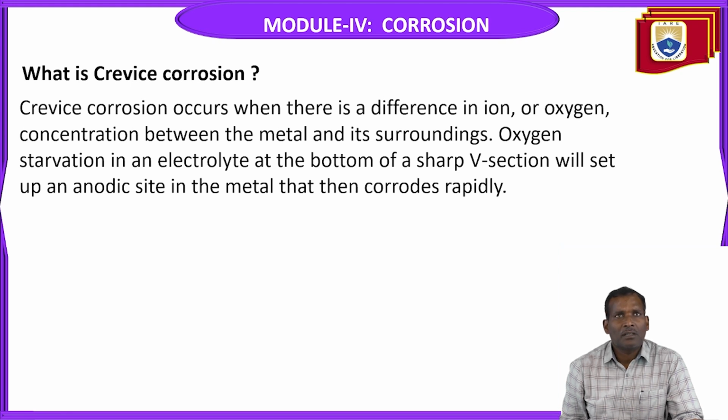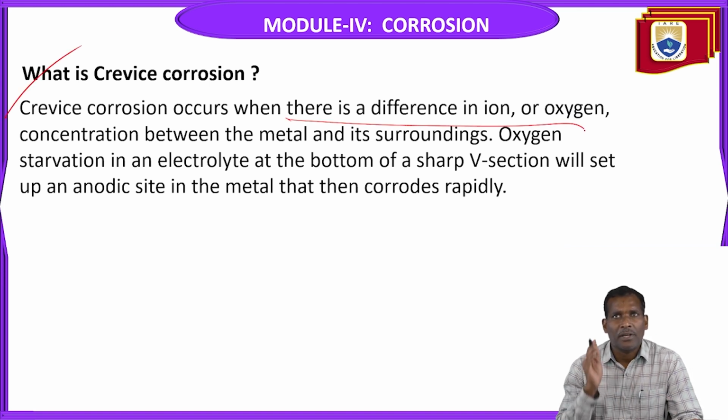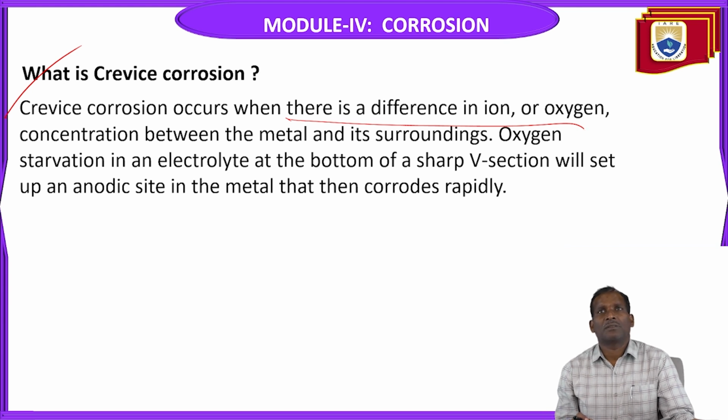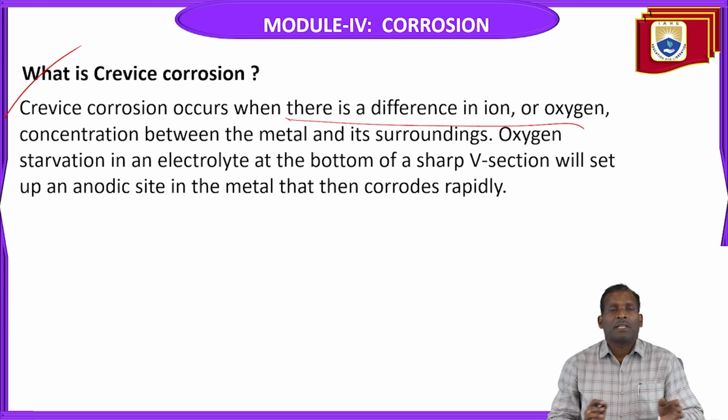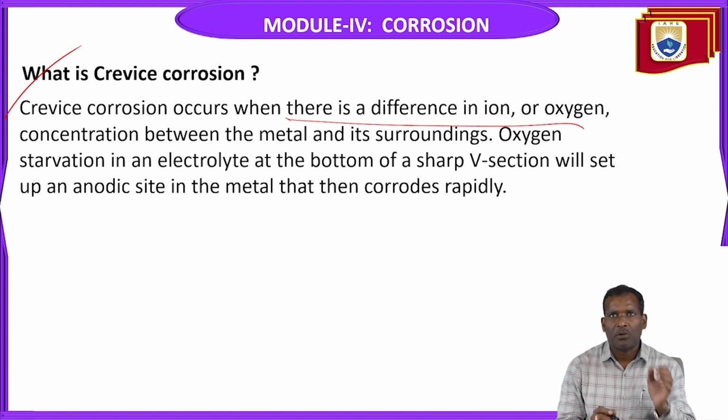Next, what is crevice corrosion? Crevice corrosion occurs when there is a difference in ion or oxygen concentration between the metal and its surroundings. Oxygen starvation in an electrolyte at the bottom of a sharp V section will set up an anodic site in the metal that then corrodes rapidly.